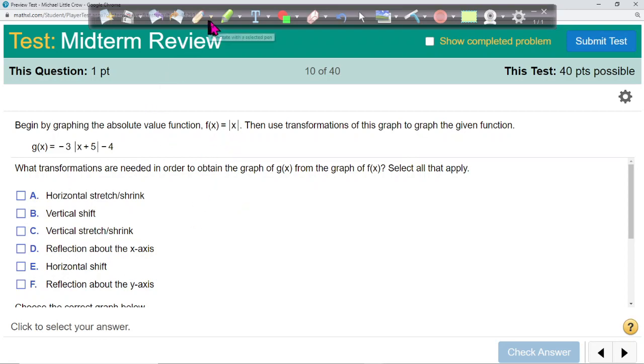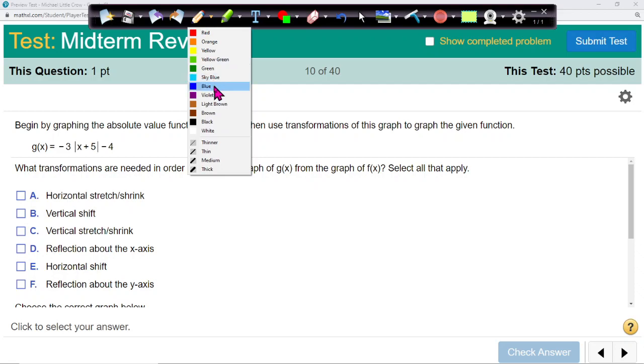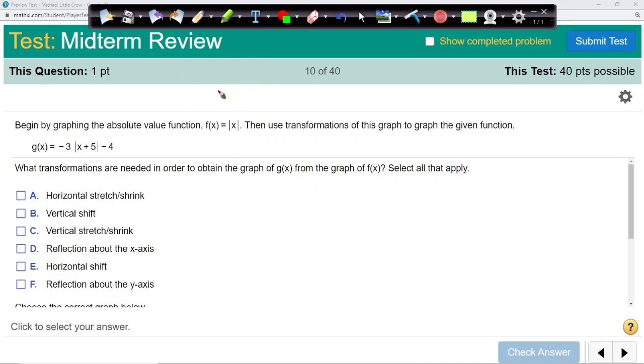So again, what does an absolute value function look like? It's a V shape because it comes here and the V is at 0, 0. So what's going to happen? We start from inside the function. It's going to get moved to the left 5, right? Because it goes in the opposite direction.